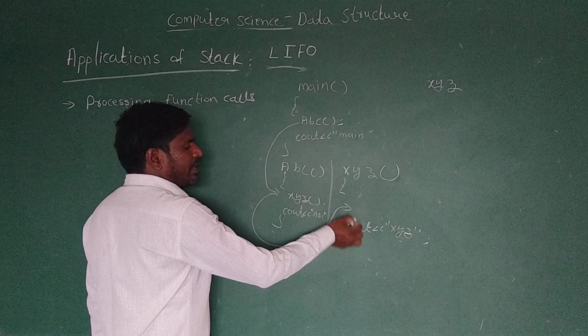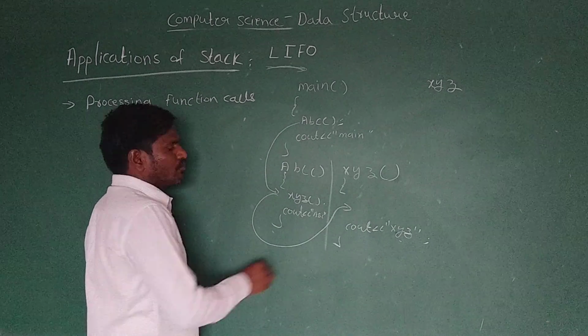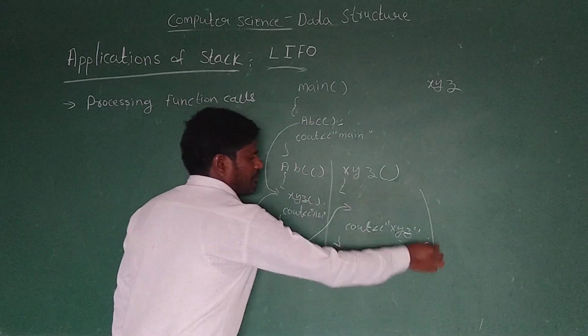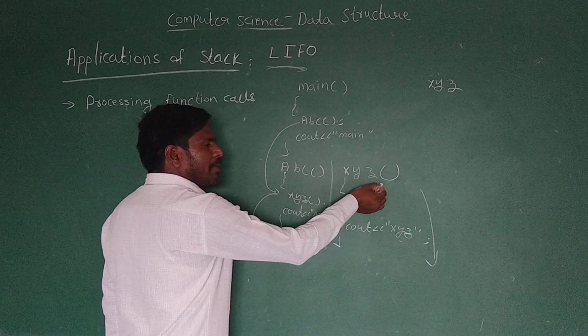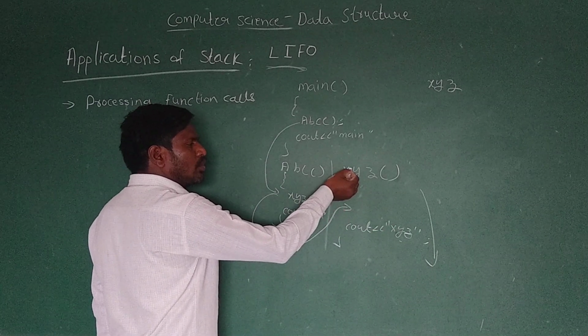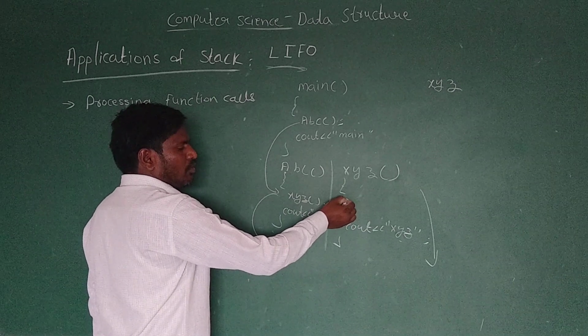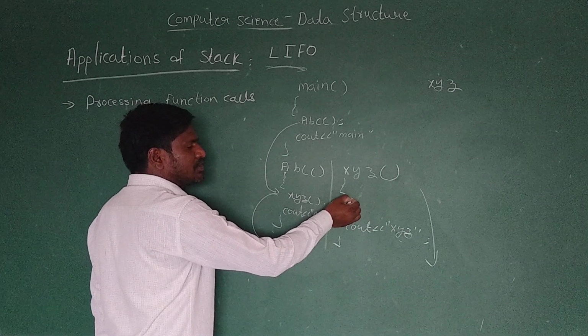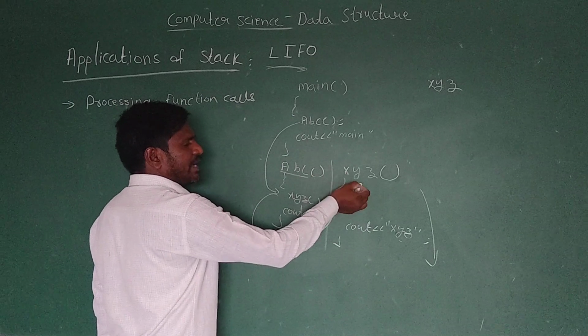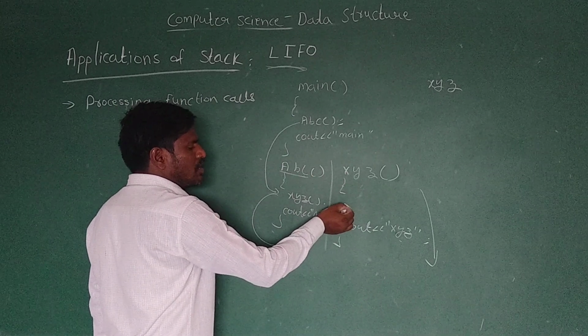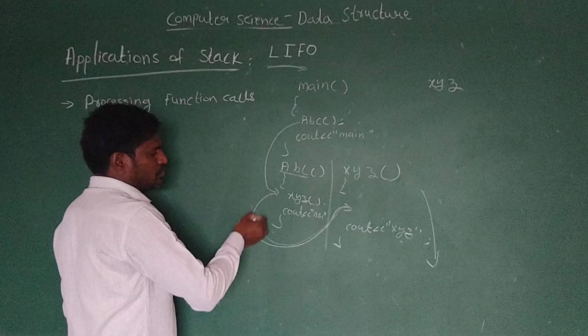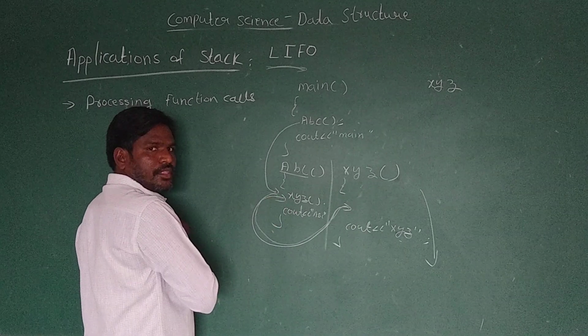After execution of the XYZ function, after its completion, the program control goes back to its caller. Who called the XYZ function? ABC invoked the XYZ function. The program control again goes back here.